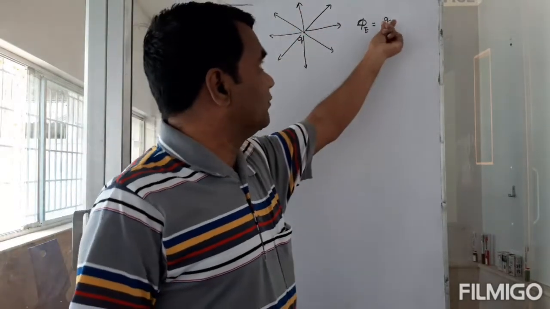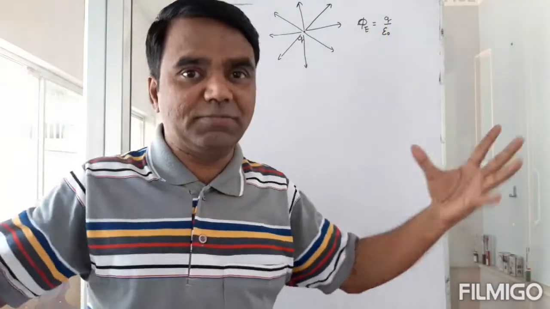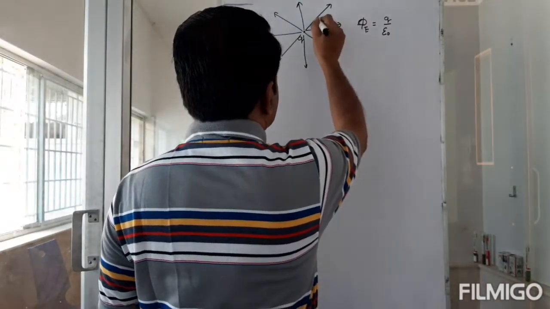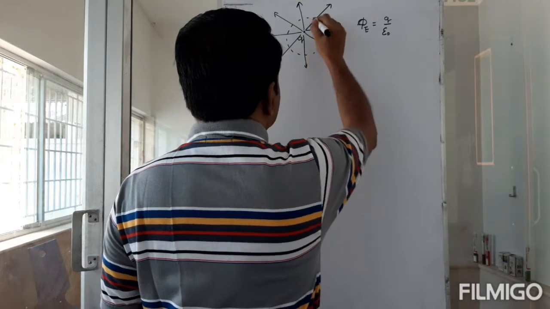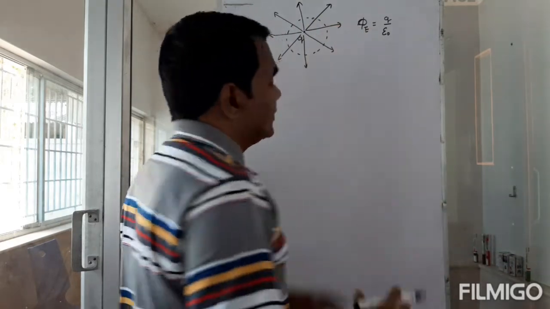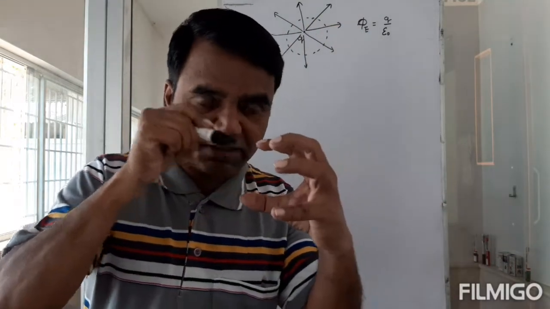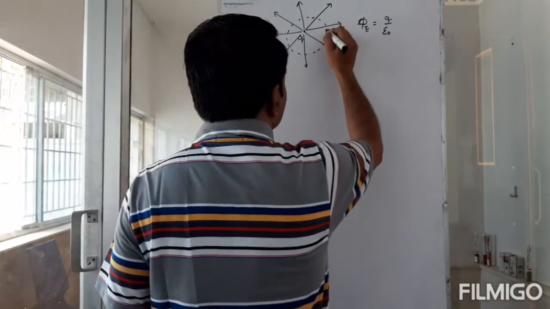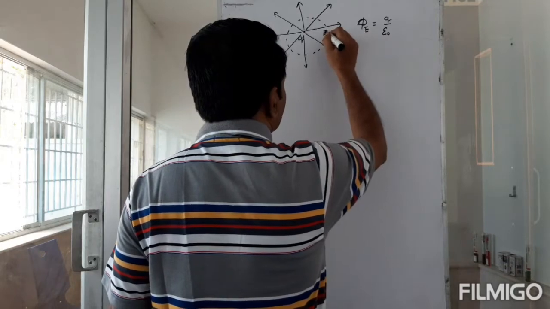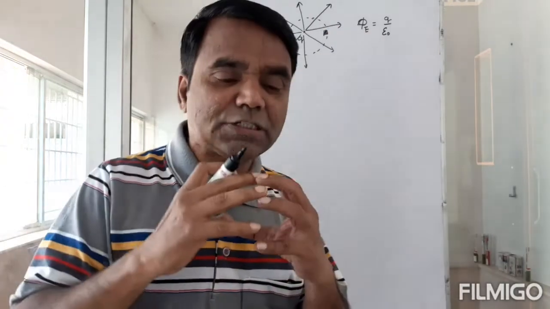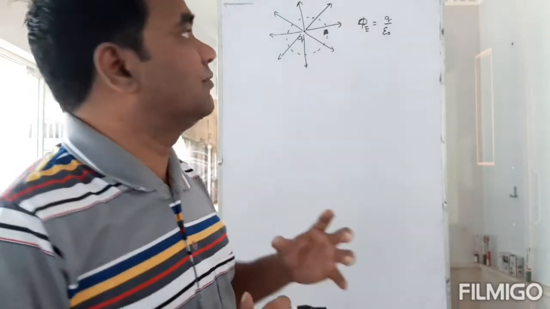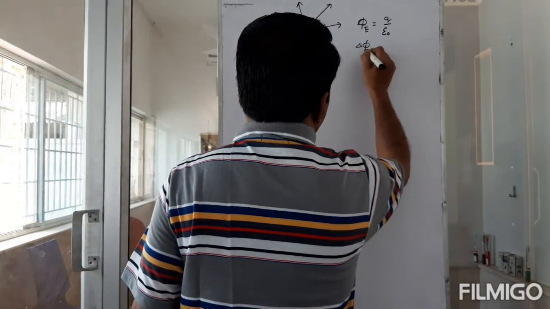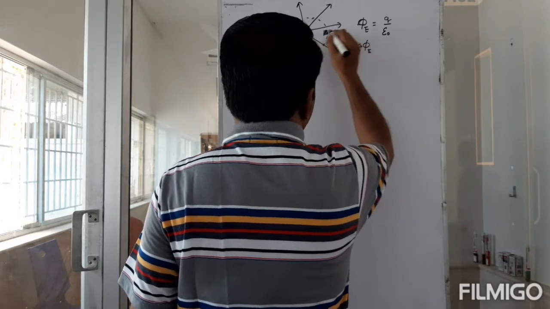So now, but how do you calculate this phi, the amount of flux? Well, this is one way of doing it. Q by epsilon naught is the total amount of flux coming out of it. But if I take an imaginary sphere wherein I've kept that charge, then the flux through any small area on the surface of the sphere can be given by delta phi E, the amount of lines which are coming out.